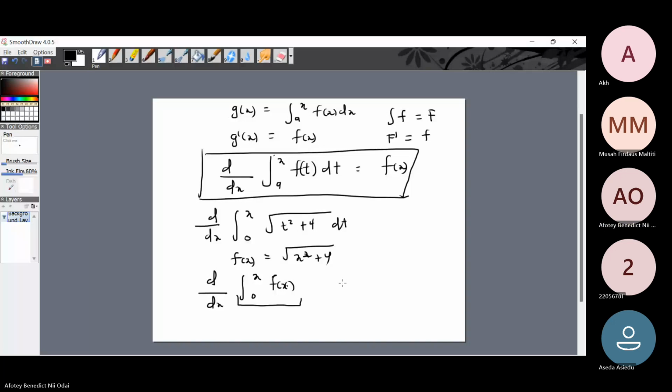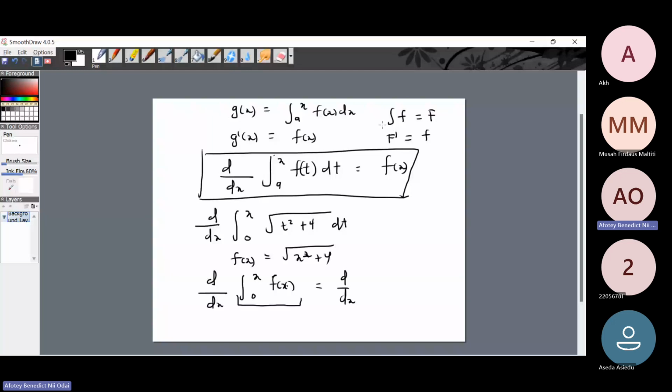So this part, we can make the substitution. Remember the relation we did, the integral of small f gives us a bigger F. These two are just functions.